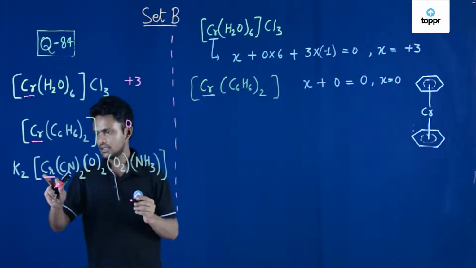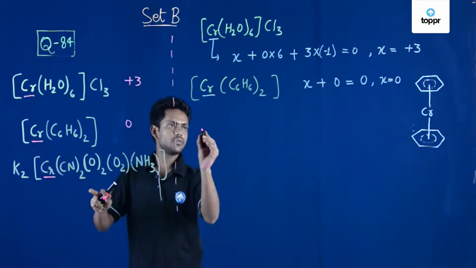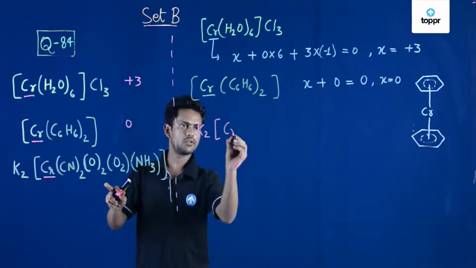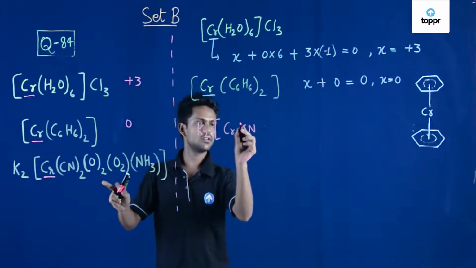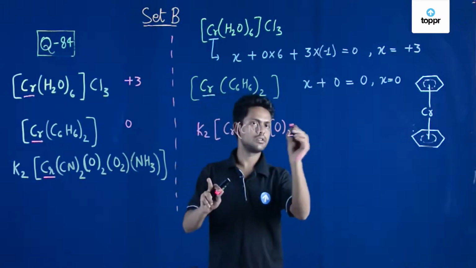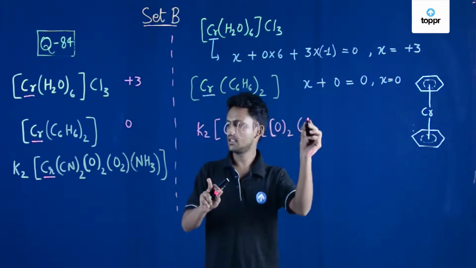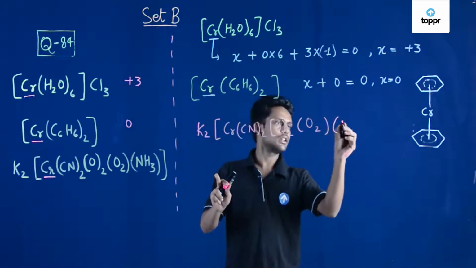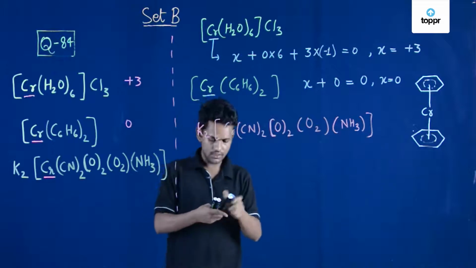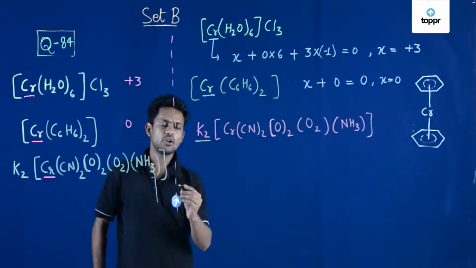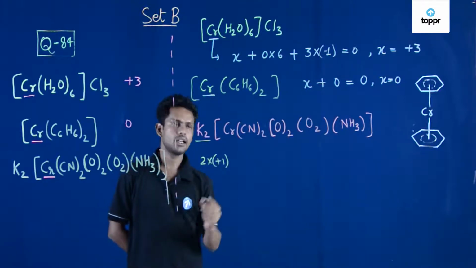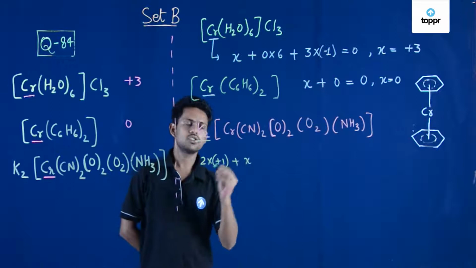And then the next complex is a little bit tricky, so we have K2 [Cr(CN)2(O2)2(NH3)]. If you calculate here, this is a bit long, so potassium is always +1, so 2 into +1. For chromium it is X that we have assumed.